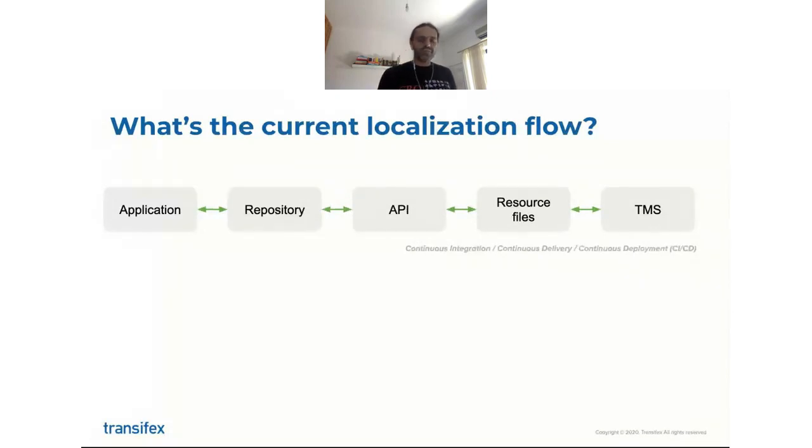So the first step added here is the API step, where content from the code, from the repository, needs to be transferred to the TMS in order to be translated. This could be a pure API or a connector, an integration that can be used to transfer content to the TMS and back.